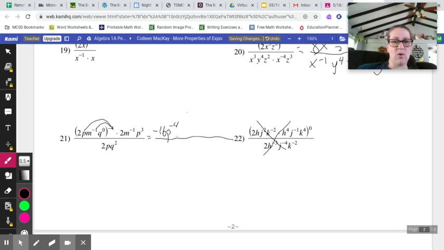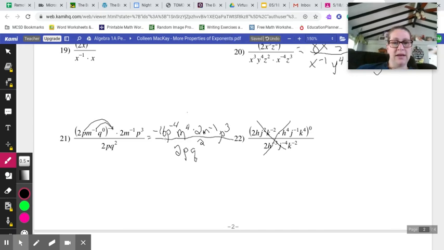Negative 1 times negative 4 is positive 4. Okay, q to the 0, anything to the 0 power is 1, so we don't need to do anything with that, times 2 m to the negative 1, p to the 3rd, and then that's all over 2 p q squared.